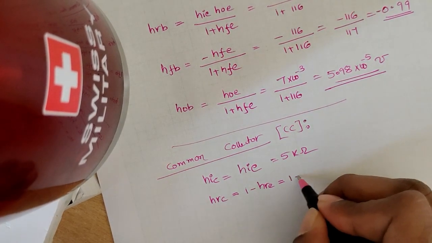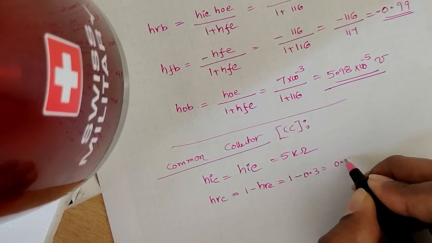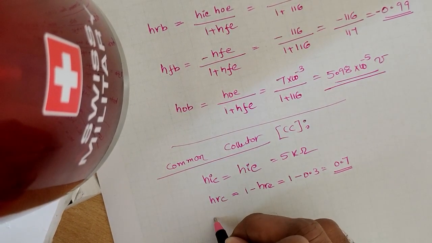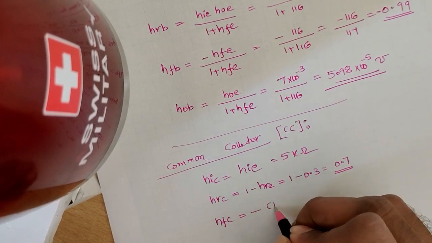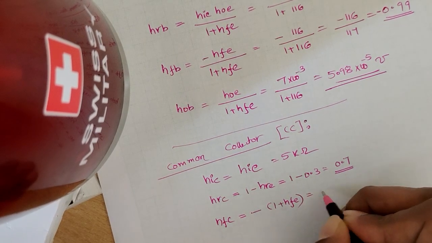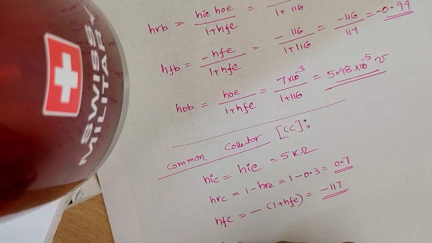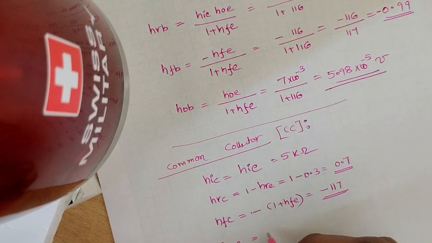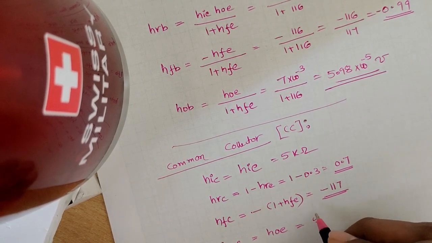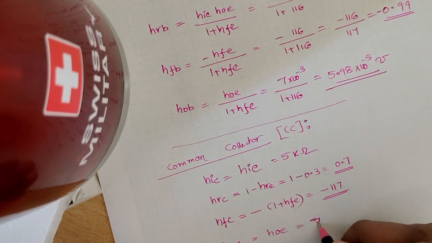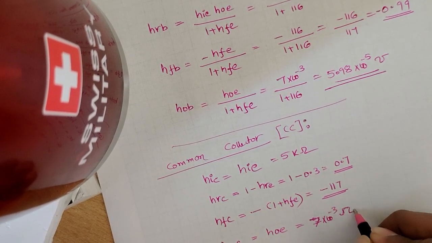So 1 minus HRE, which is 0.3, so that's 0.7. Then we have HFC. So HFC is negative 1 plus HFE, so it is 117. And then finally we have HOC, which is approximately equal to HOE, and that is 7 milli Siemens.